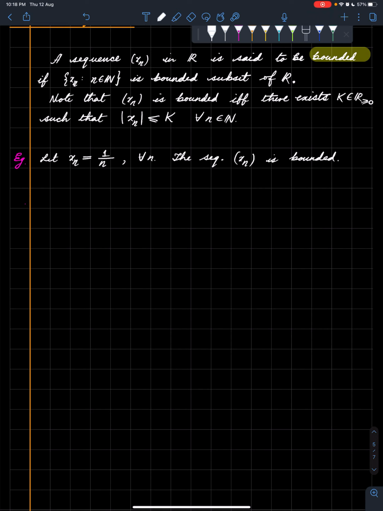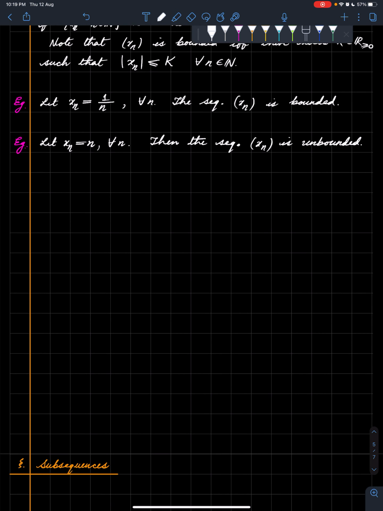And let's see an unbounded sequence. When we have defined a bounded sequence, we have also defined an unbounded sequence. An unbounded sequence is a sequence which is not bounded. So let xn equals n for all n, then the sequence xn is unbounded. It does not have a bound.